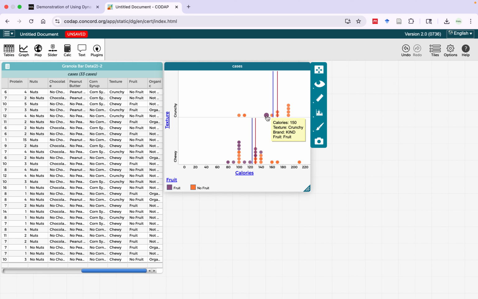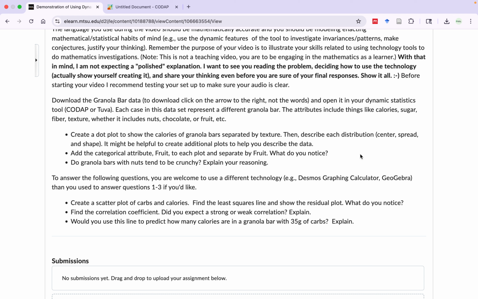There's only one fruit. It's a Kind bar. It's not a surprise. Lower on the calorie side. And I guess, yeah, it makes sense. Chewy's gonna have fruit in it. Describe each distribution: center, spread, and shape.